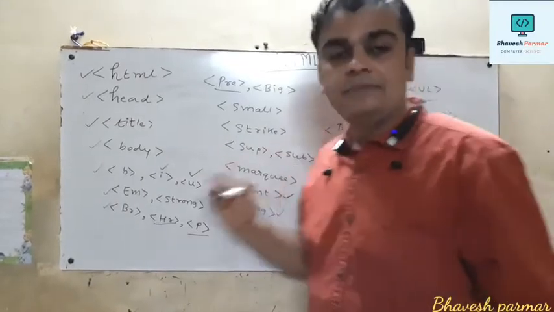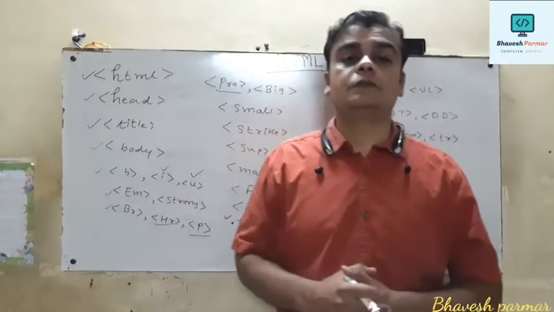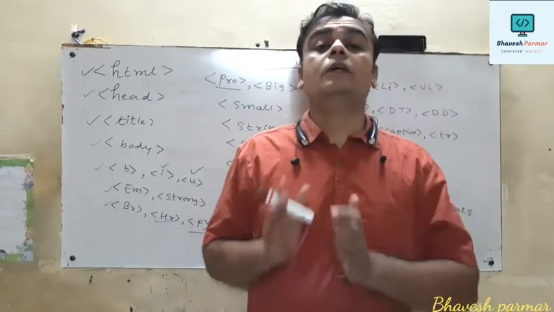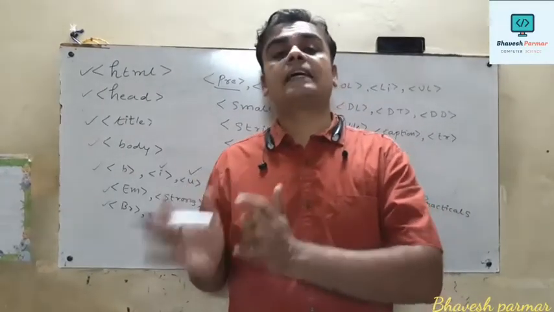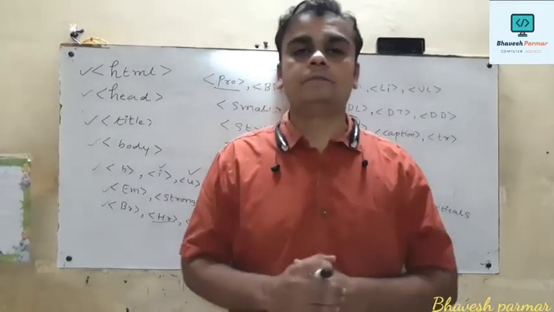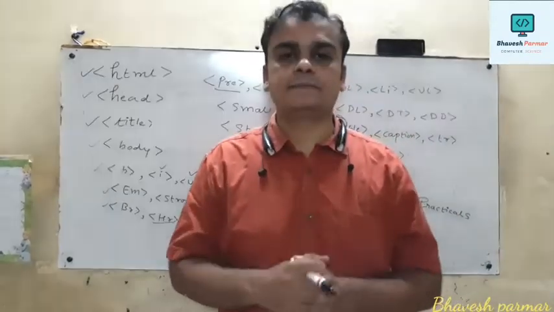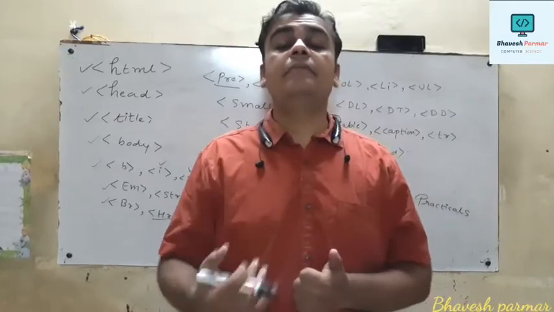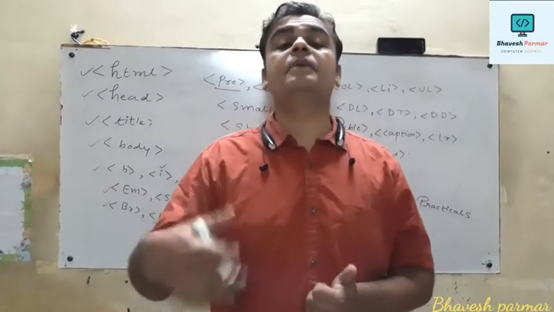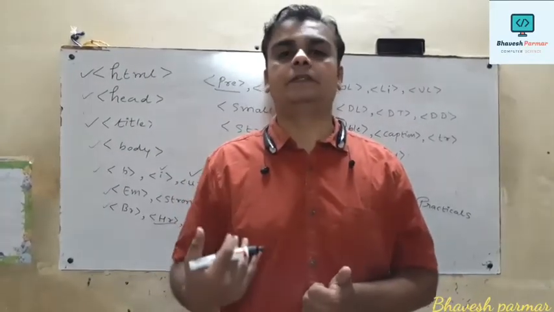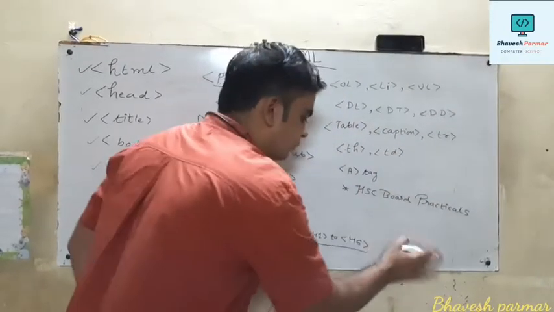In the IMG tag there are many attributes, and these attributes are helpful to display various sizes of images in our program. One of the most important attributes is SRC. SRC represents the image source, which means which image we are going to display in our web page. I will show you one example.